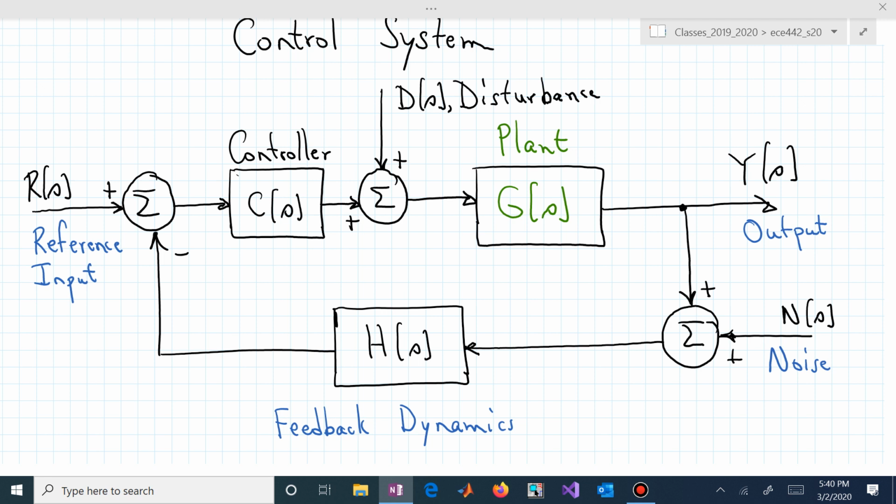Capital H of S may just be 1. We measure Y, and I might say, oh, we have unity output feedback. Then Y is just coming straight back and being compared to the reference input R.